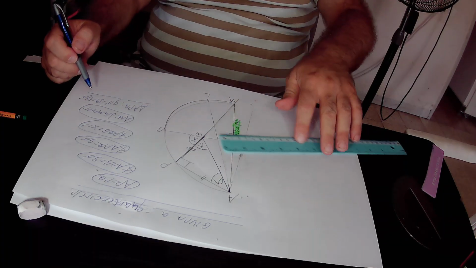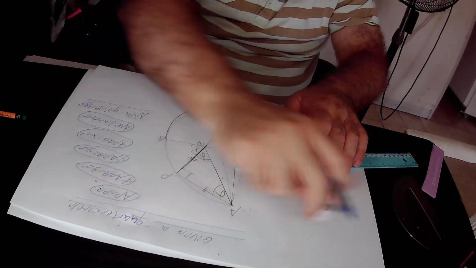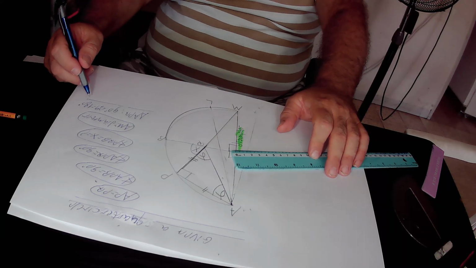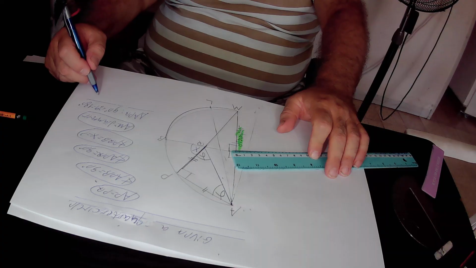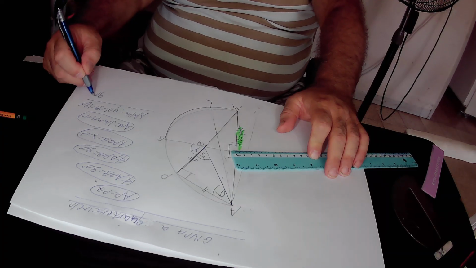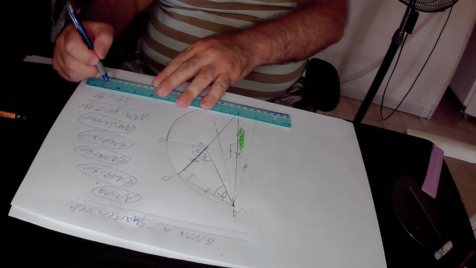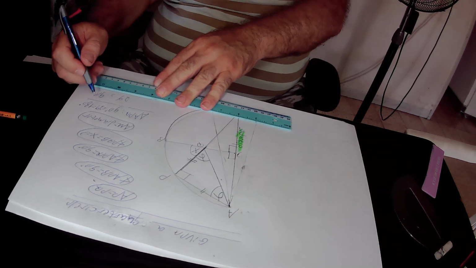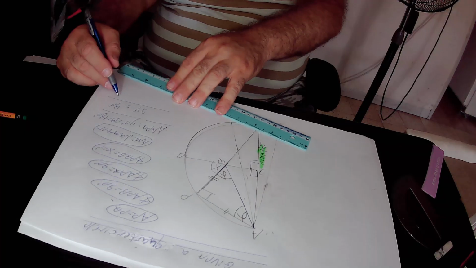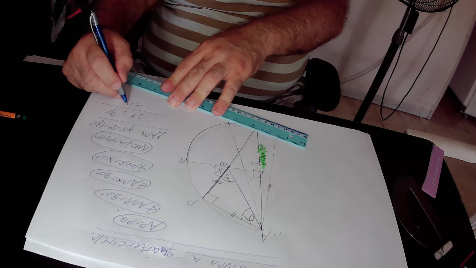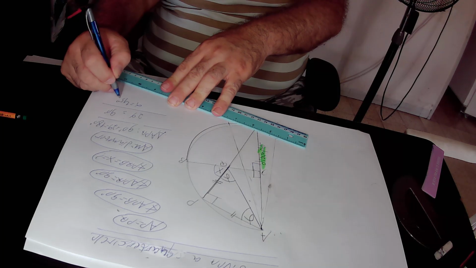Here we subtract 90 degrees from this equation, and we get that 180 degrees minus 90 degrees is 90 degrees. So 2 alpha equals 90 degrees. Here we divide this equation by 2 and finally get that alpha equals 90 degrees over 2, that is 45 degrees.